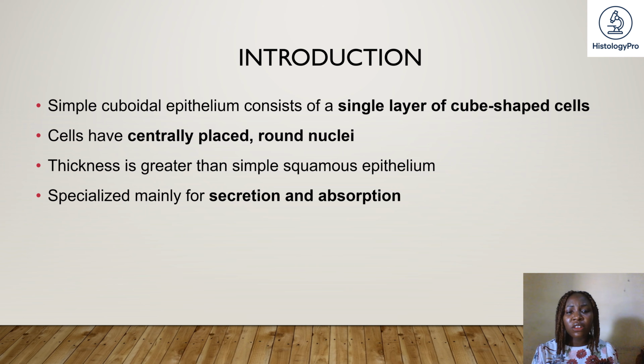Simple cuboidal epithelium is primarily adapted for secretion and absorption, which explains its presence in organs such as the kidney tubules, thyroid follicles, and ducts of glands. When identifying this epithelium on slides, always look for round central nuclei, uniform cell height, and a single epithelial layer surrounding a lumen.